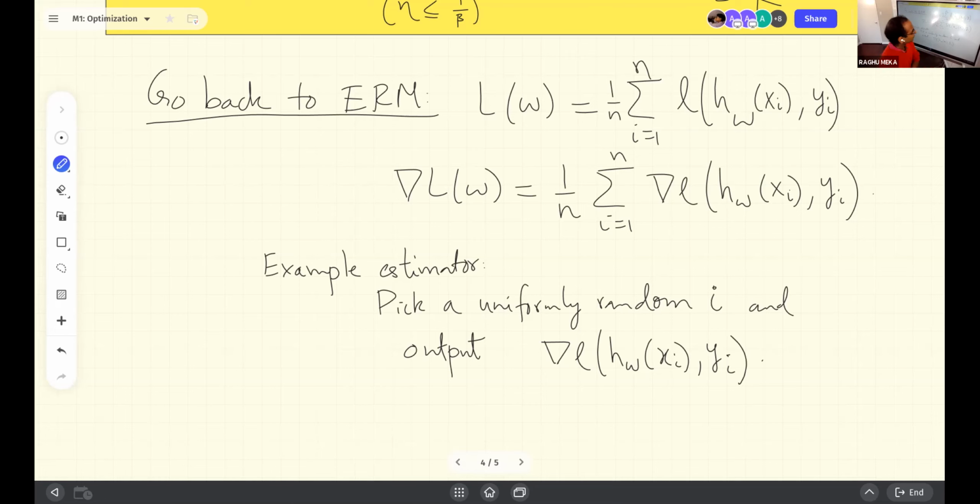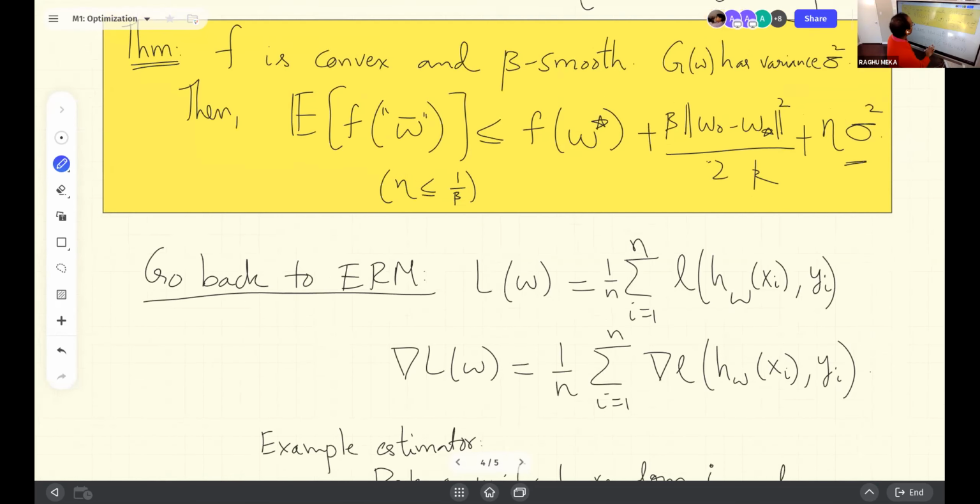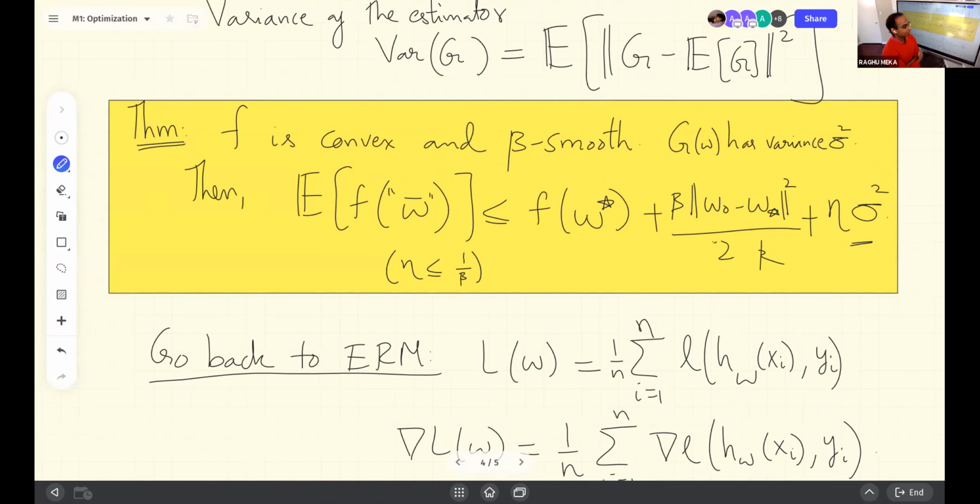In the next lecture, when we come back, we'll show this theorem and try to understand why stochastic gradient descent still does as well as gradient descent. You'll see that it's pretty easy to modify the analysis of our algorithm to see this guarantee.